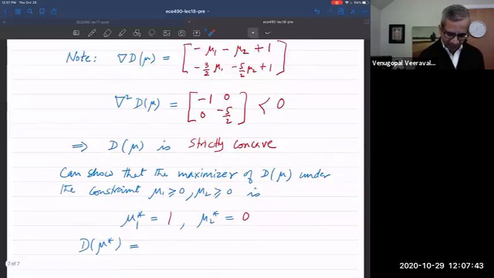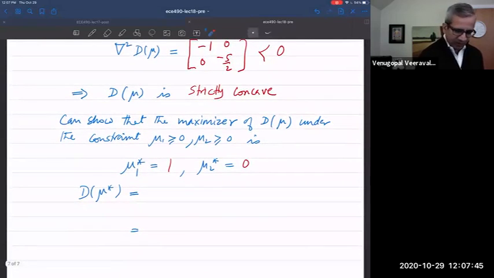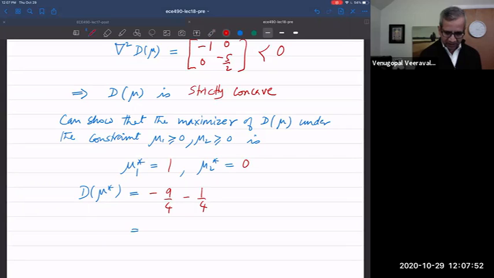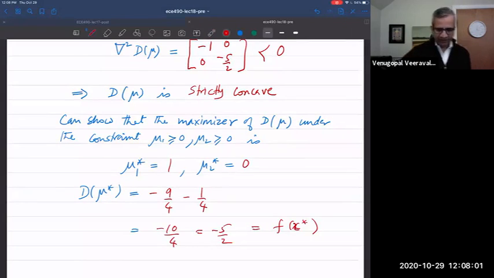So it's minus 9 over 4, minus 1 over 4, which is minus 10 over 4, which is minus 5 over 2, which is f of x star. So we just verified that strong duality actually holds. So the maximum of D is the same as the minimum of F.